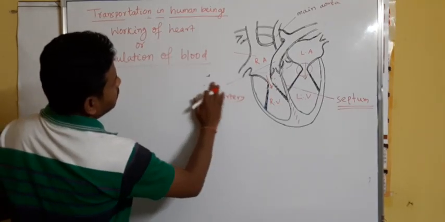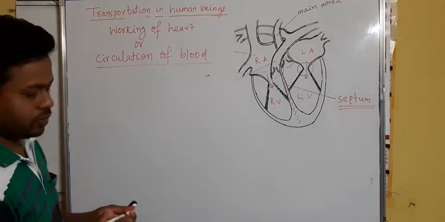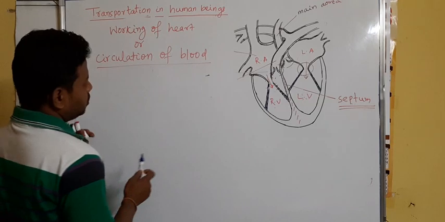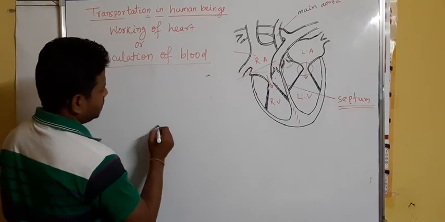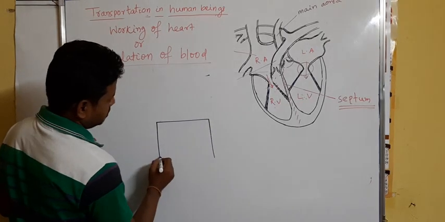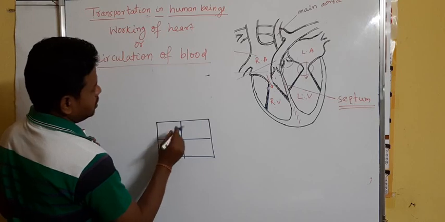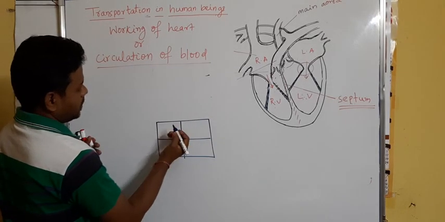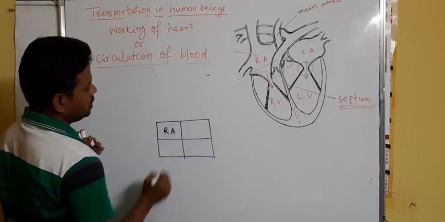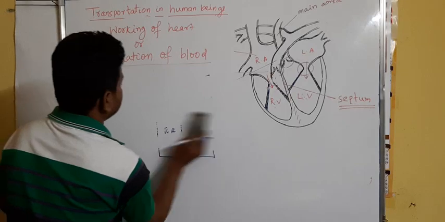Okay. So here I will make a flow chart. You know that our heart has four chambers. Okay. So your left side will be right. So this will be the right auricle. We'll make it a bigger one. Okay.